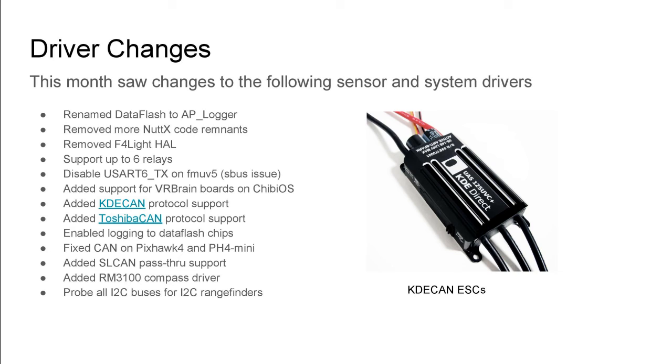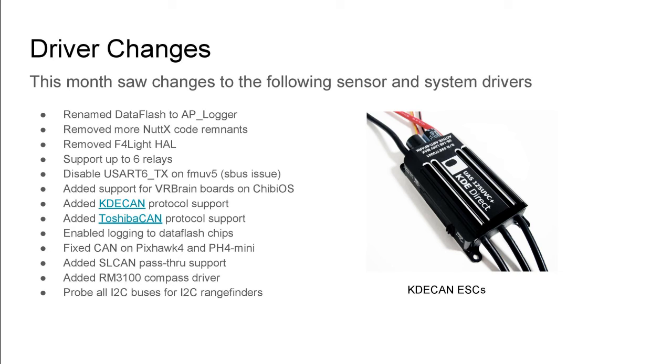Data flash is a type of chip that we store logs in on the original APM1, APM2, and we'd kept the name all this time, though we didn't actually support data flash chips for years. We've now added back support for data flash chips for some F4 based boards. So we renamed it all to AP Logger to be a bit more of a sensible name.